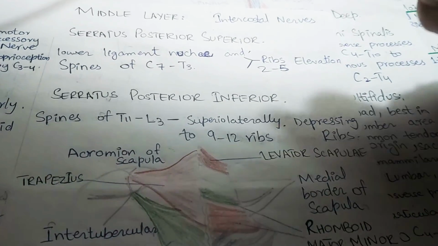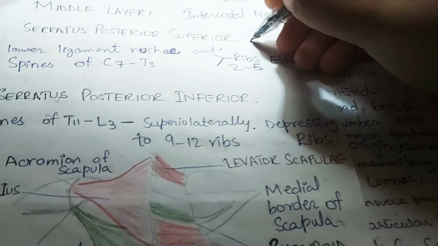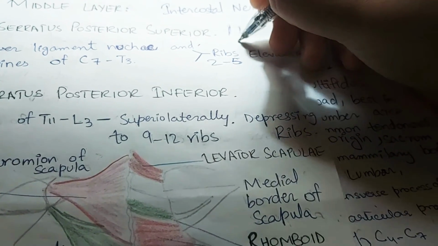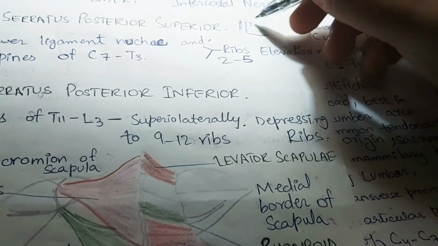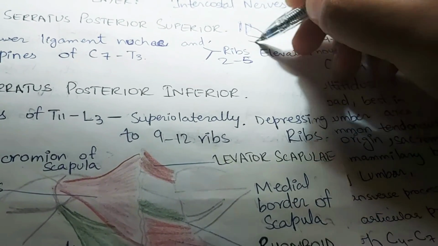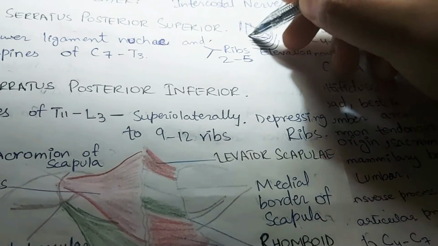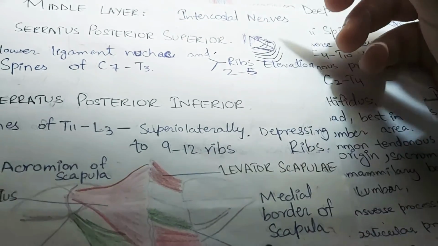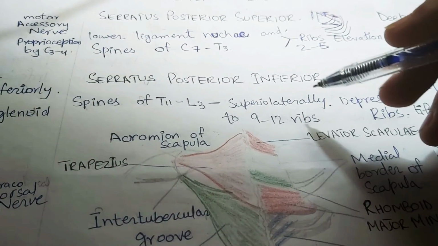So if this is our vertebral column and this is our muscle, it attaches to ribs 2 to 5. Their contraction will elevate the ribs, whereas serratus posterior inferior pulls the ribs downwards; they depress the ribs.